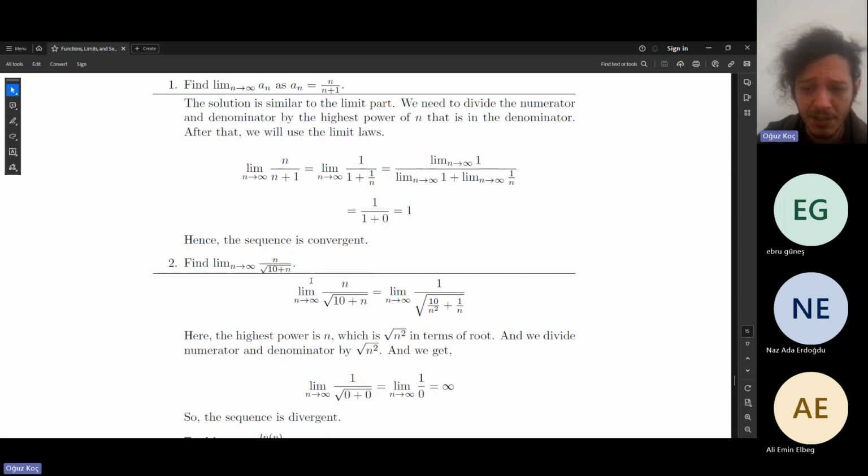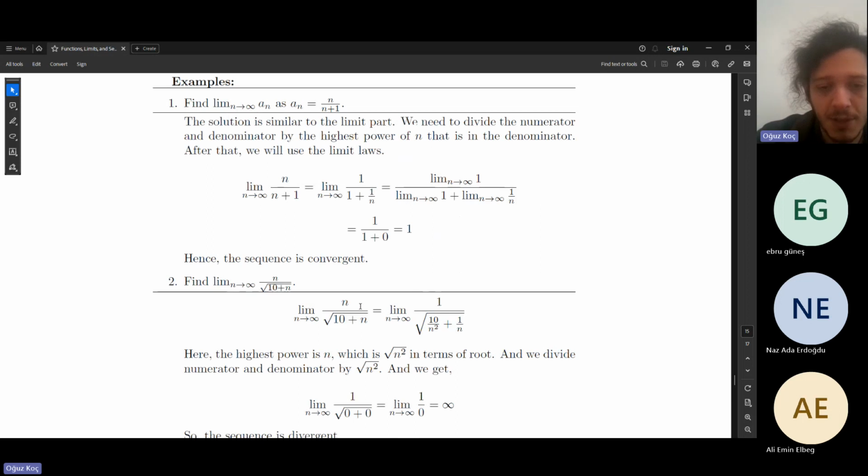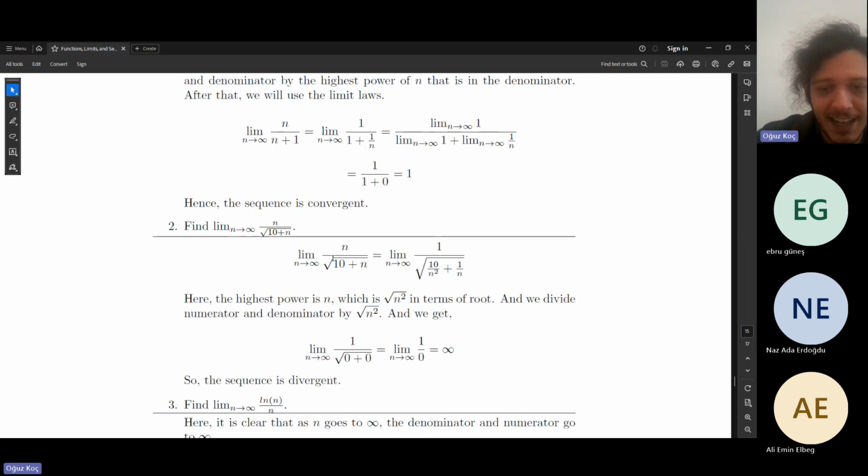And we have the second example here. We need to find the limit of the ratio n over the square root of 10 plus n when n goes to infinity. A similar strategy has to be used in this part. Here, the highest power is actually n, not the root of n, because the power of this n is 1 over 2, which is smaller than 1.